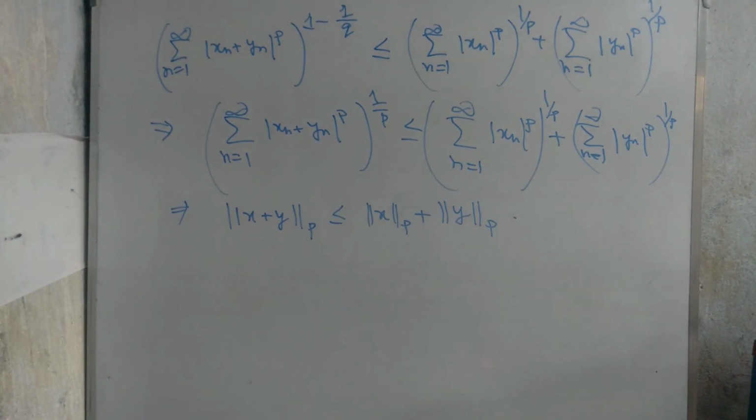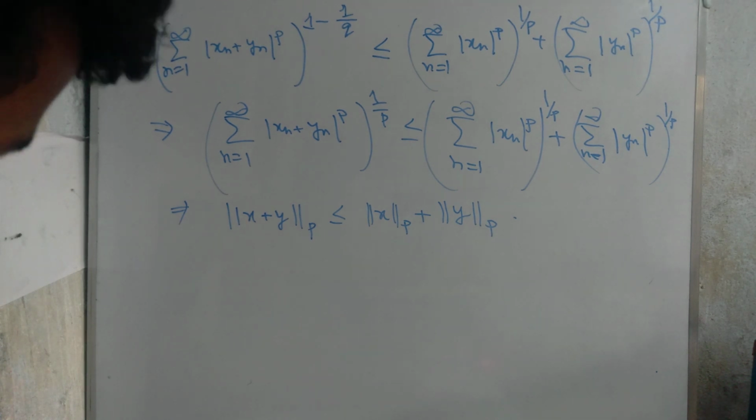That means we have proved this triangle inequality. We always write it as Minkowski's inequality, but we have also proved it now. Again, we prove Holder's inequality by using Young's inequality, and we prove Young's inequality by using derivatives, or the property of derivatives.